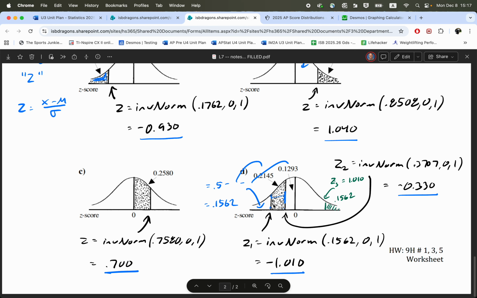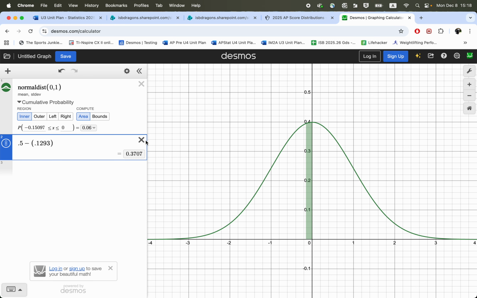Sorry guys. So this area is 0.1562, right? This area is 0.2145. So now I can do inverse norm with this number, and I can find the values. First of all, 0.5 minus this 0.1293 is 0.3707.